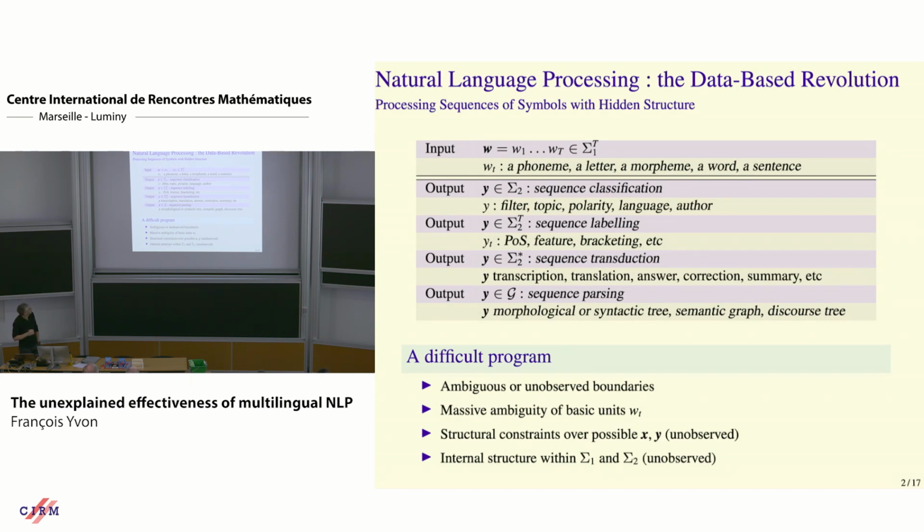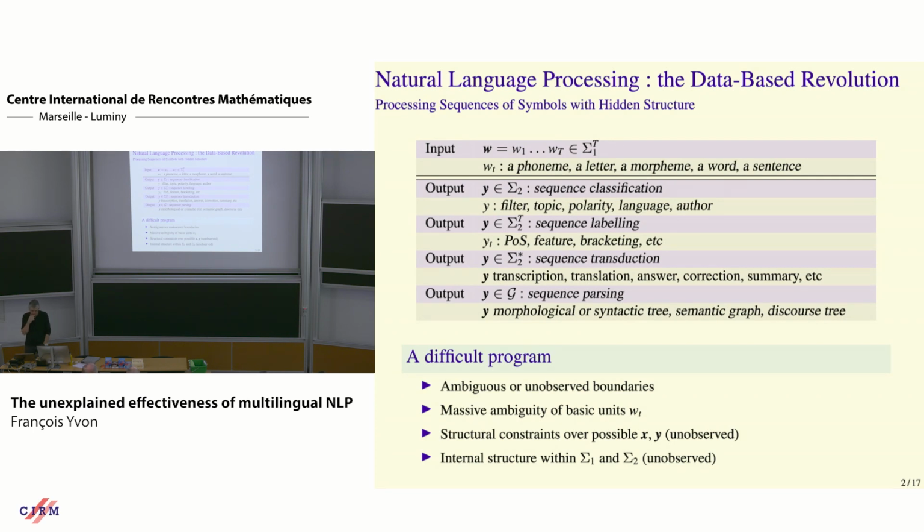And we'd like to map this into various output spaces. So the output space can be just a set of classes. So this is a simple classification task, but we may also want to map this sequence into another sequence of the same length.